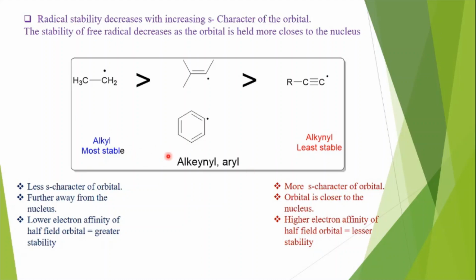While alkane radicals are more stable, the reason is that they have a lower percentage of s character, the orbital is further away from the nucleus, and the third most important point is lower electron affinity of the half filled orbital, ultimately giving greater stability. While alkene is in between: alkane radicals are more stable than alkene radicals, which are more stable than alkyne radicals.